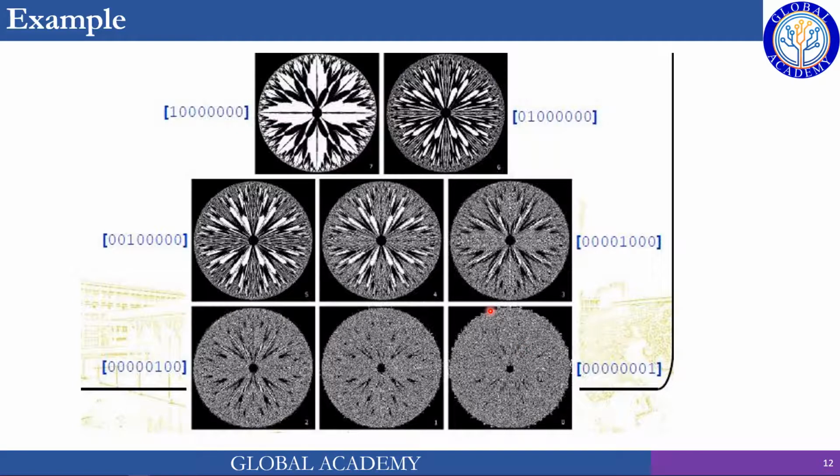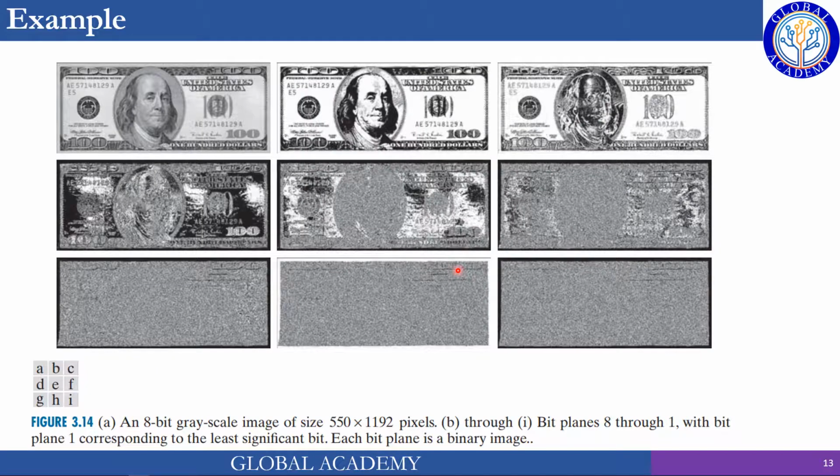So we use bit plane slicing for image compression. We can drop this bit, or these two bits. Even then we get better information with a very small amount of data.